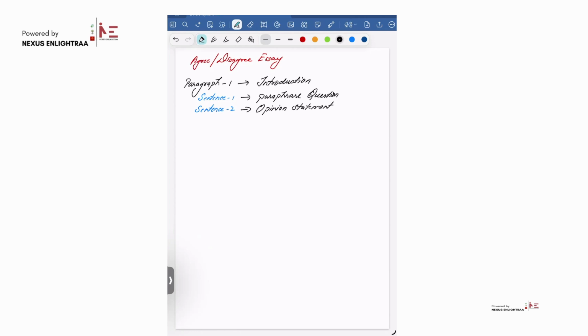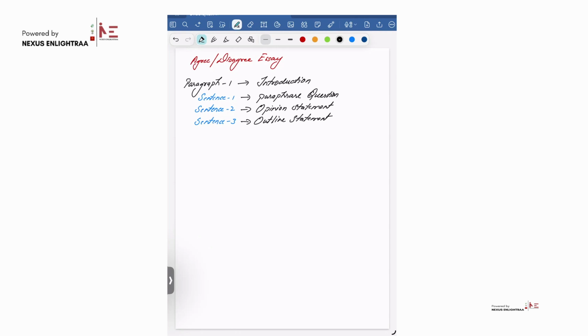Opinion statement. Sentence 3 is your outline statement. And that is the end of your paragraph 1.